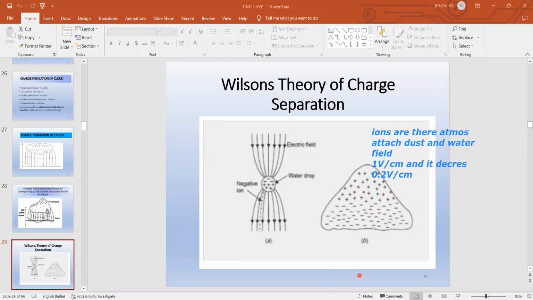And what we are assuming here is that a raindrop is falling in this electric field.